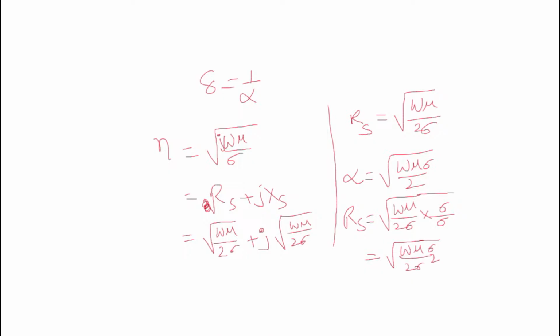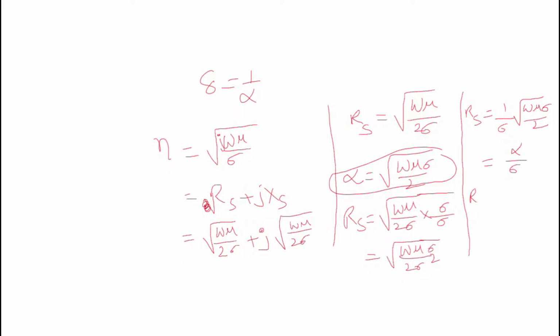Then root of 1 by sigma square can be written as 1 by sigma. The remaining term is omega mu sigma by 2, which is equivalent to alpha. So therefore, it is alpha by sigma. RS is equal to 1 by sigma delta. This is known as skin resistance.